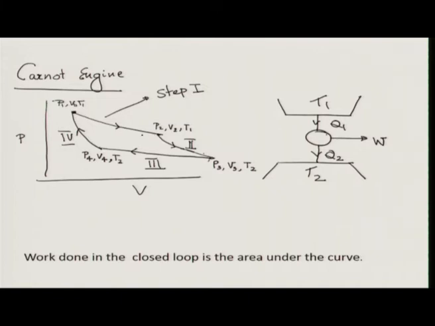Some work needs to be done which we will calculate. So, it expands to the volume V2, but thermally in equilibrium with the hot reservoir at T1, okay. I will calculate the work done, etc. But it is very simple to realize that it is in thermal equilibrium with T1 and goes from volume V1 to volume V2. That is why I call it expansion, and this is the heat absorbed in this process, Q1.